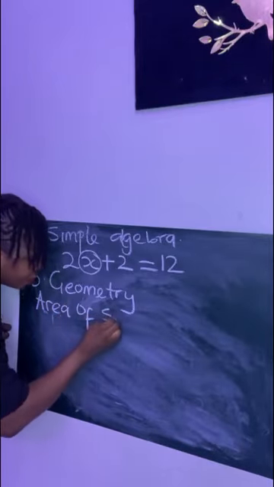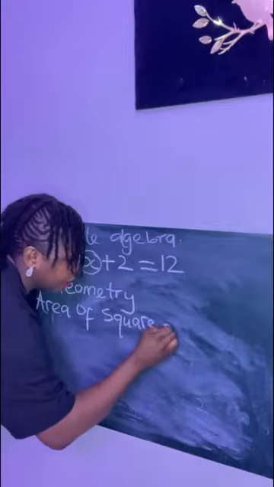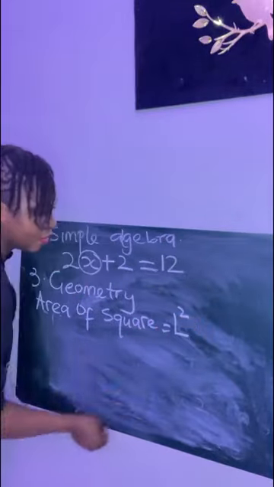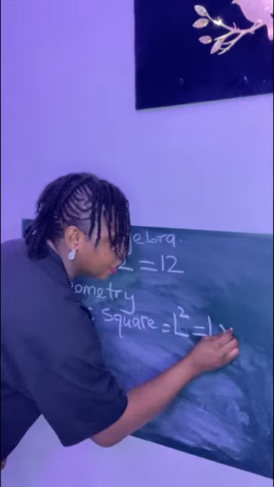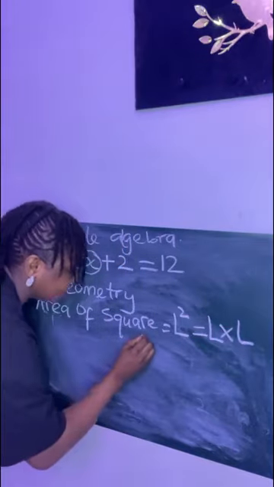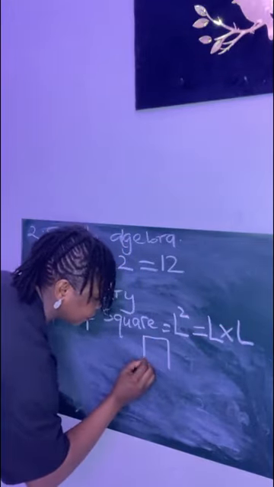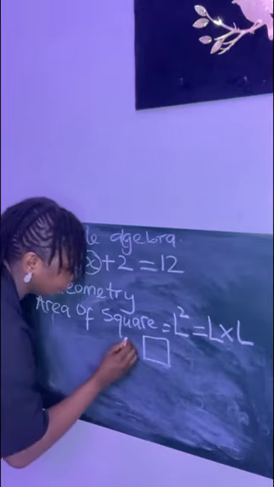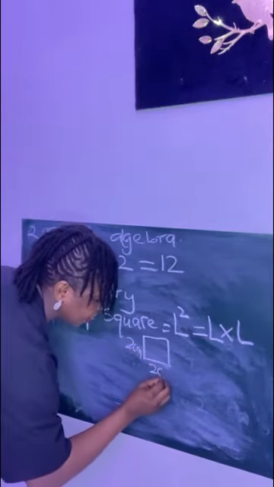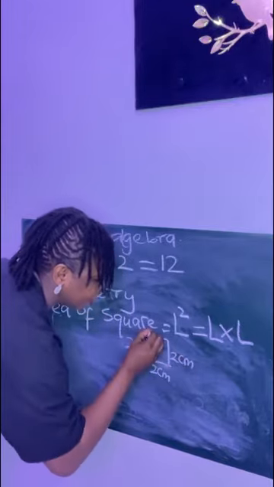So our area of square is L squared, which also means L times L. This is how a square looks. If you have 2 centimeter here, 2 centimeter here, 2 centimeter here, 2 centimeter here. A square has all sides equal. All sides in a square are equal.